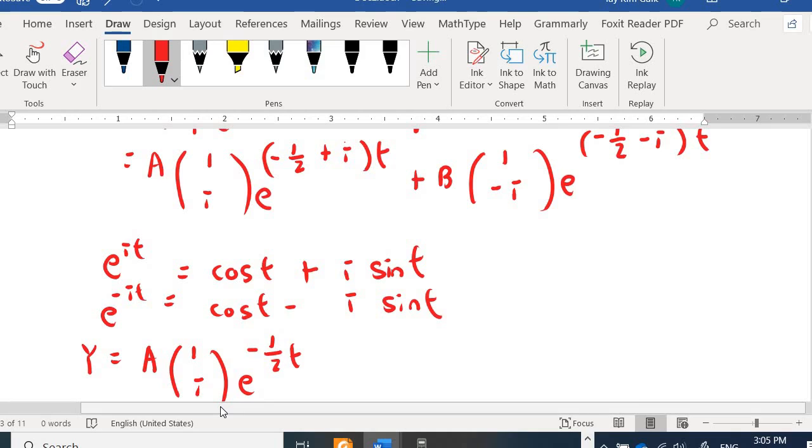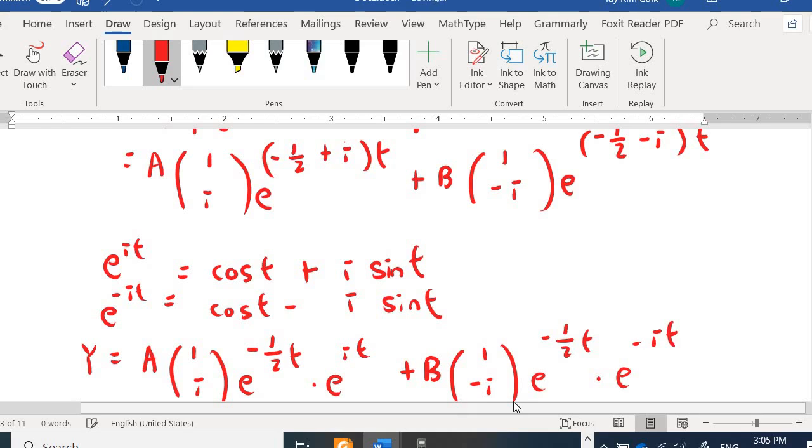You break your exponential term into the constant term and the imaginary term: exponent negative half t times exponent it, plus b times 1, negative i, exponent negative half t times exponent negative it.